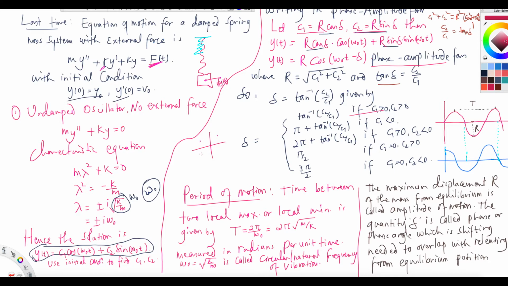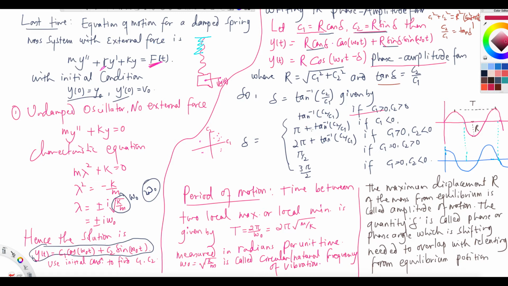If C1 is negative, it falls here or here. If C1 is positive and C2 is negative, it is in the fourth quadrant.